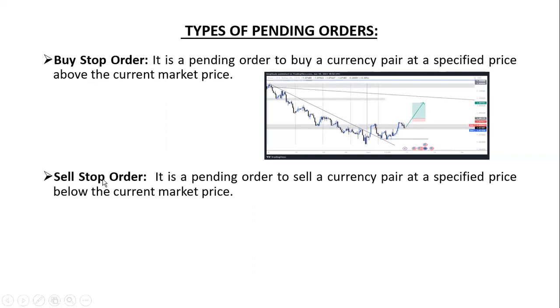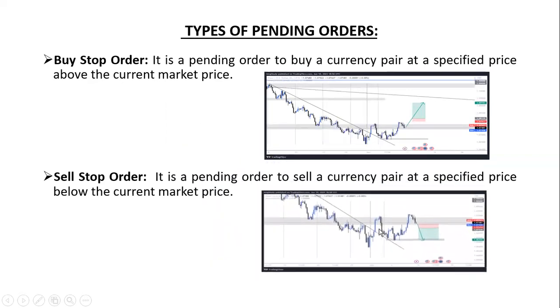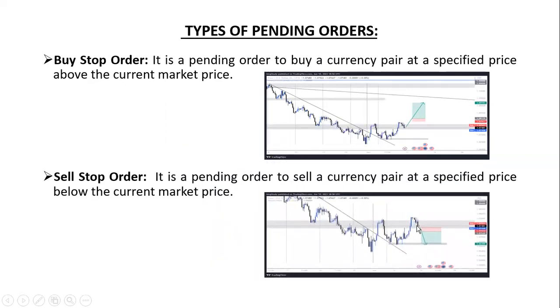Now, the same thing applies to the sell stop order. It is a pending order to sell a currency pair at a specific price below the current market price. So it's just the opposite of this one. Let's look at the example. You see this one, price is coming to the downside, but you don't want to sell where the market currently is.